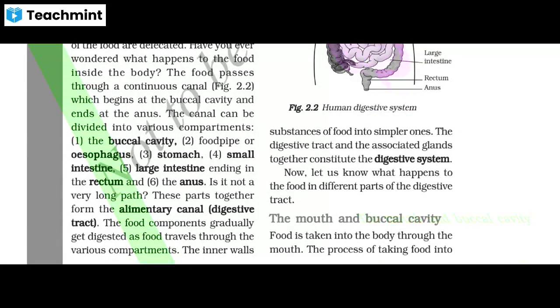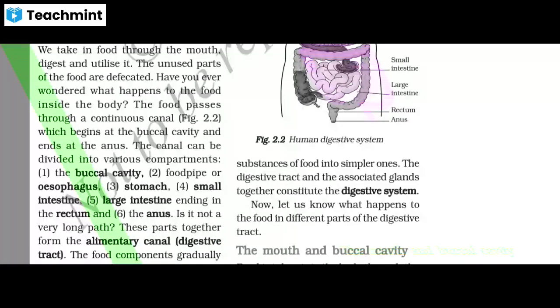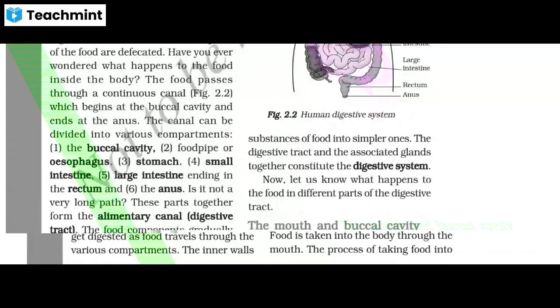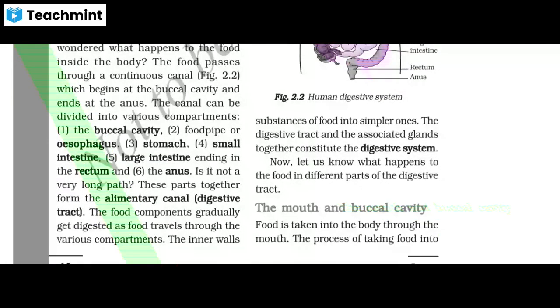These parts together form the alimentary canal or digestive tract. All these organs participate in the digestion of food. That complete path is the alimentary canal or digestive tract.